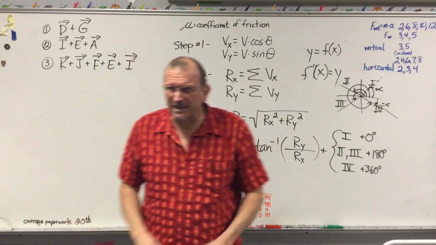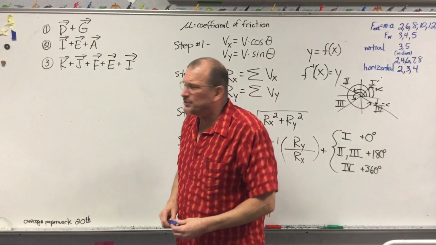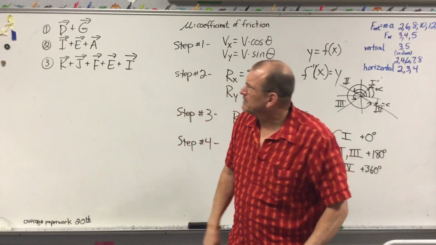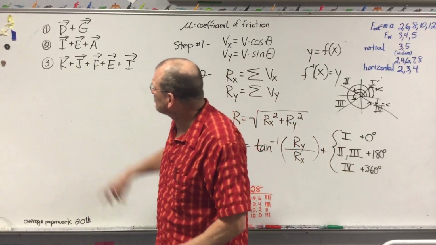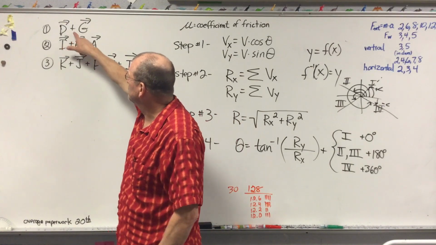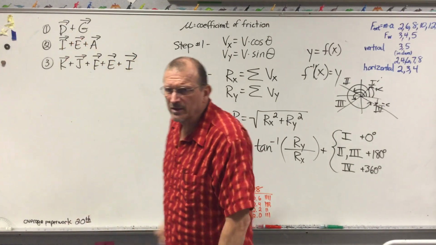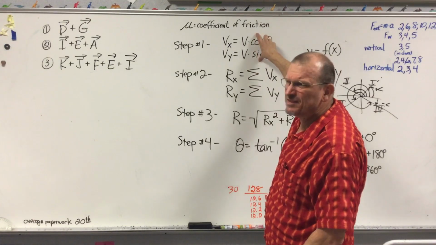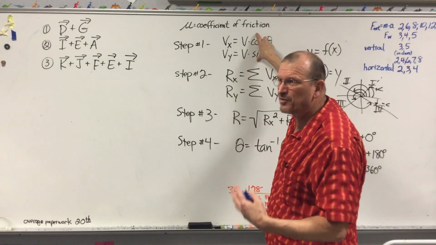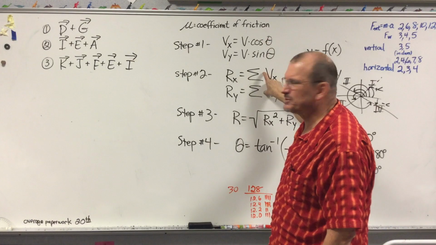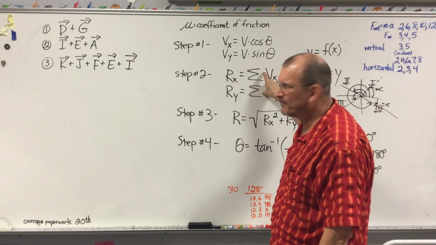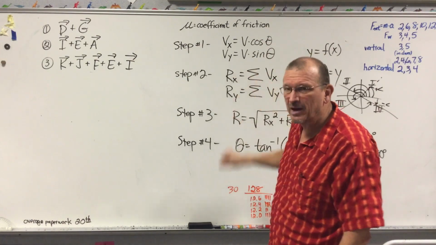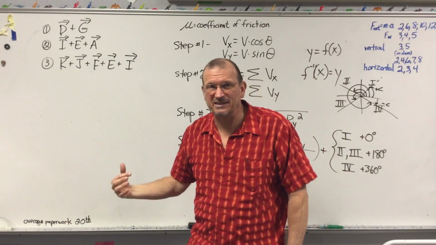So basically, what I need you to do, and this will be on a blank piece of paper, when you go to do D plus G, you need to show me in your work. You already have these values and you're going to hand that in with the work, but what you're going to need to do is show me this step, and when you do this step, I would like to see the processing of it.